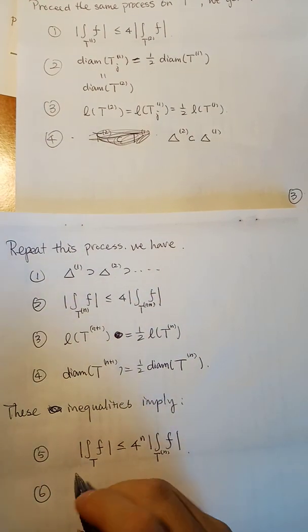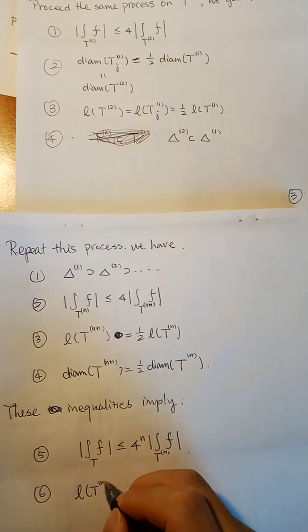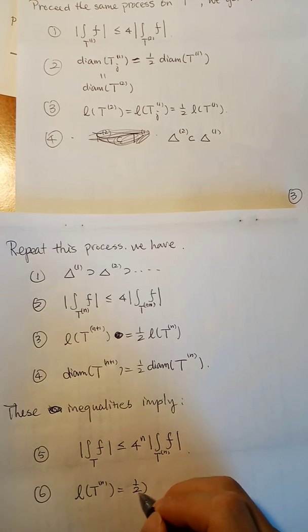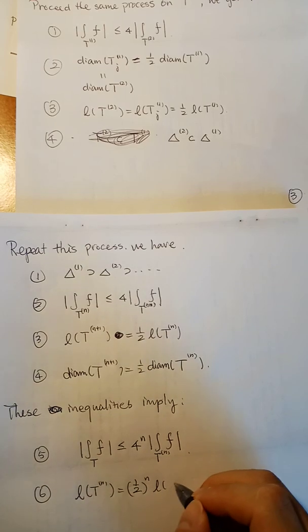And the length of T super n is equal to 1/2 to the nth power times the length of T.